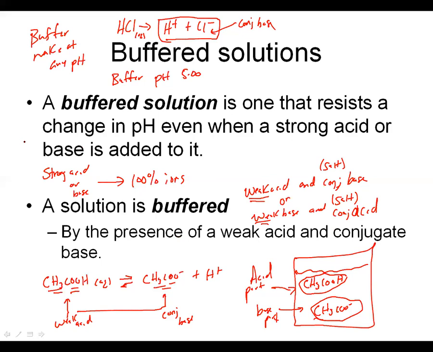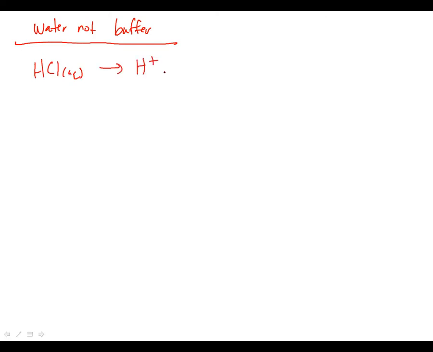So let's talk about exactly how it's able to do that and how things that are not buffers are not able to do that. For example, take water, which is not a buffer, and to water we add some hydrochloric acid. When it goes into water, it's going to be 100% H plus and Cl minus.